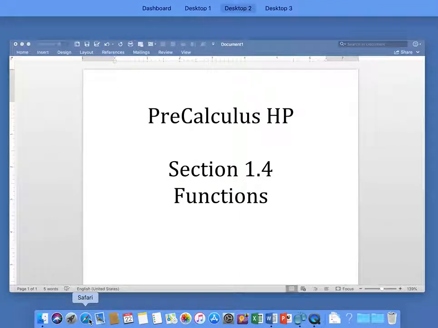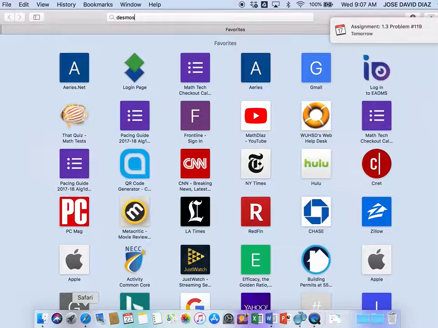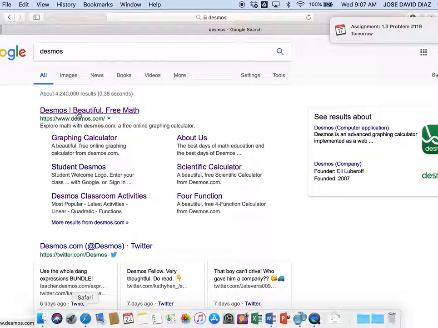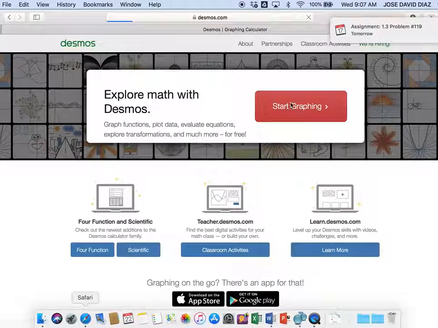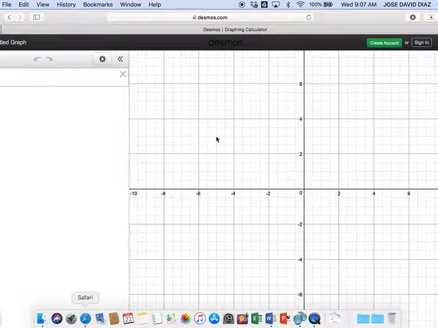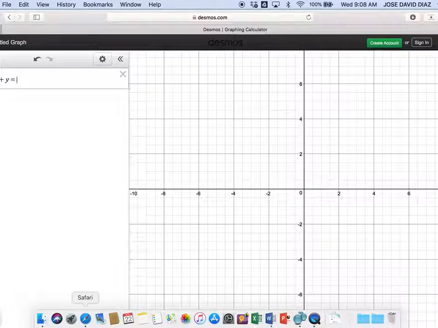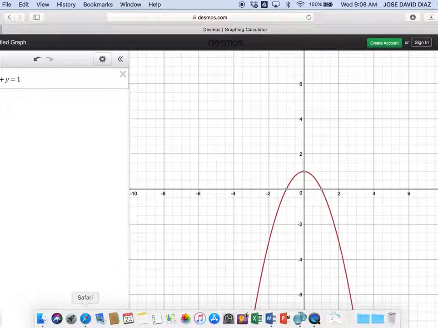If we graph it, if I just go into decimals, and I graph each of the functions, if I type in the first one, x squared plus y is equal to 1, notice that this is a function.